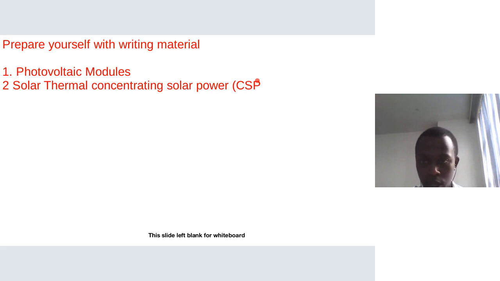I'm highlighting those short notes there. So use of solar thermal, concentrating solar power, is the second method. We also talked about the use of biofuels. Biofuels is also called the natural photosynthesis.